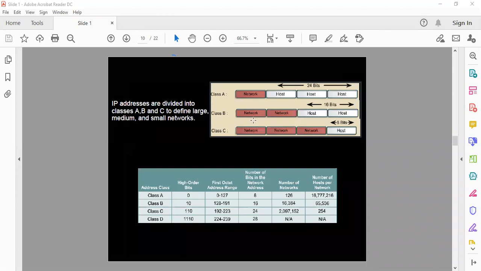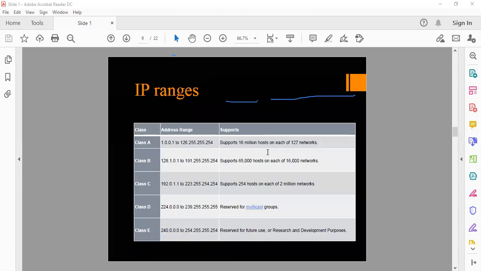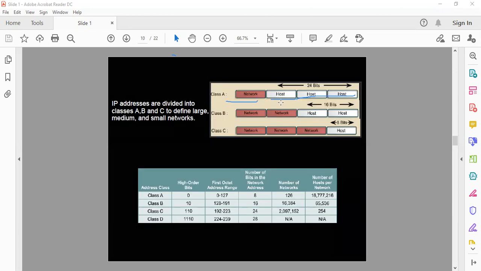in class A addressing, we have only one octet for the network, while the other 3 octets are reserved for your hosts. This means in class A we have only 127 networks, so you have only one octet.